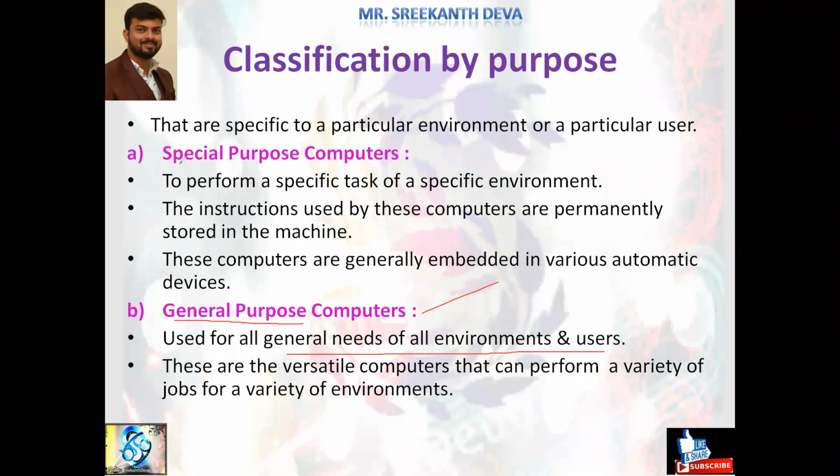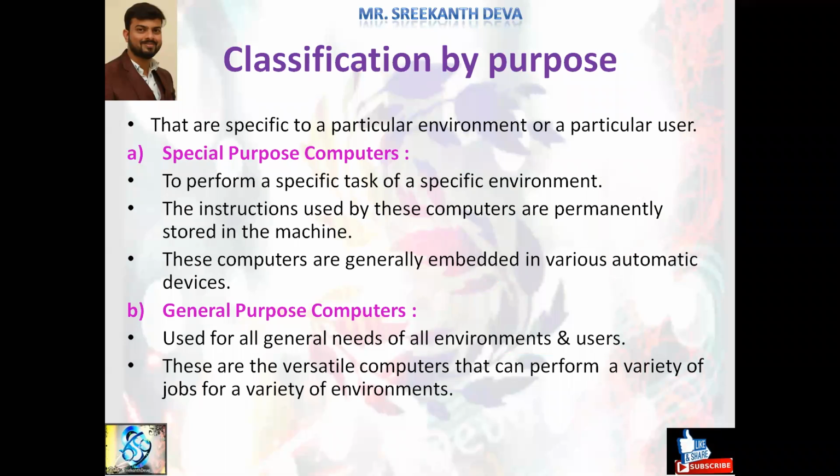But with special purpose computers, you cannot do all kinds of jobs. Special purpose computers are designed only for a particular task, a specific task of a specific environment. That is why it is not versatile. This is about classification by purpose wise computers.